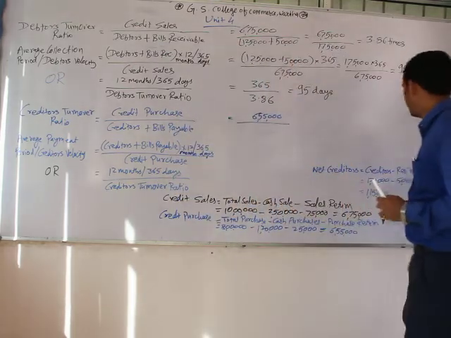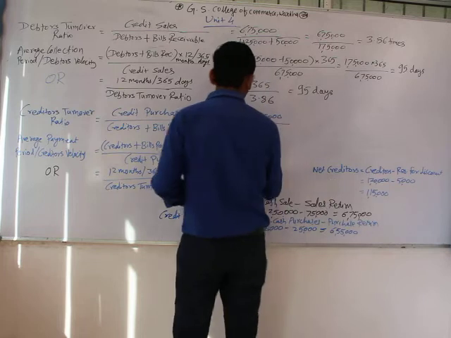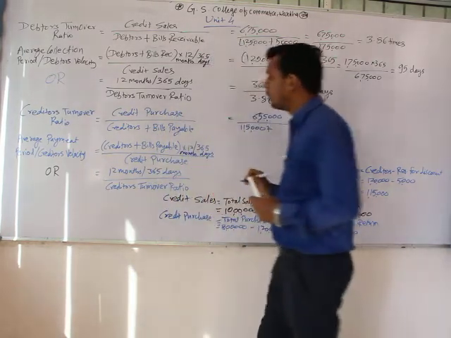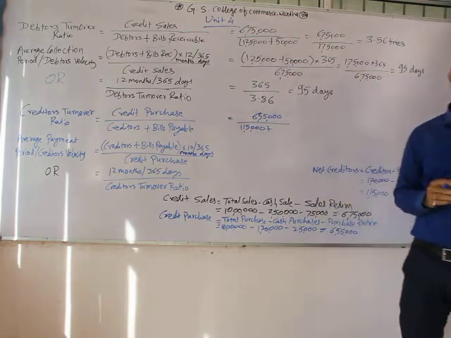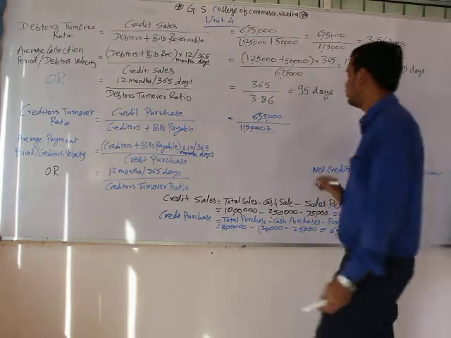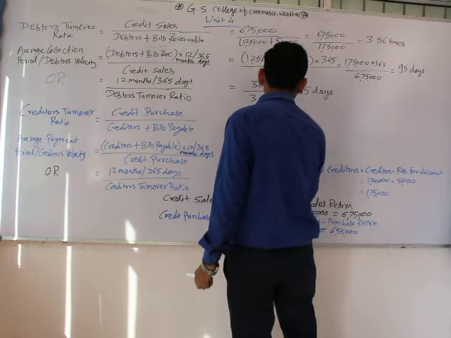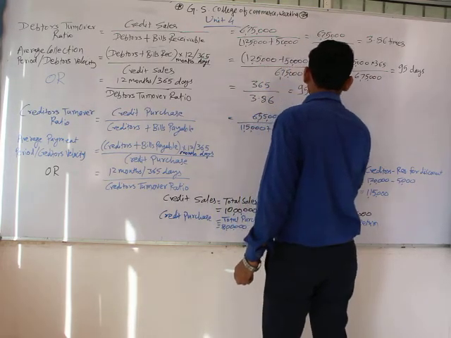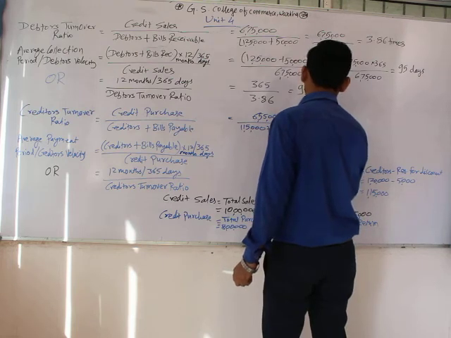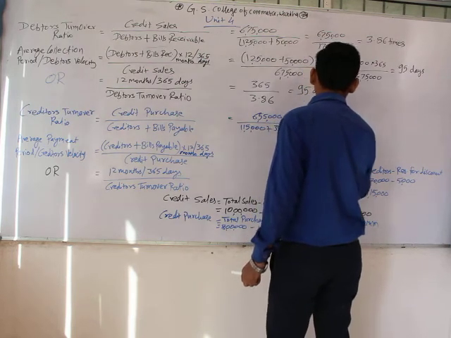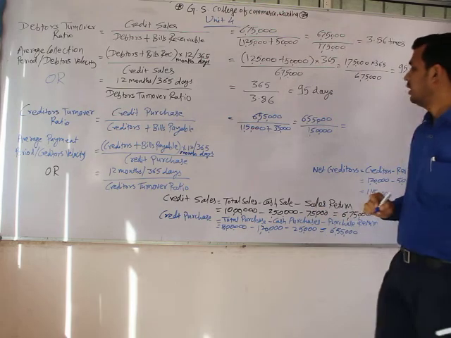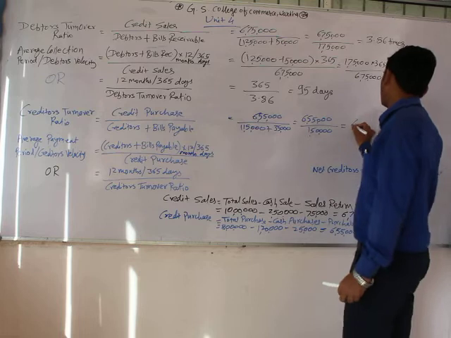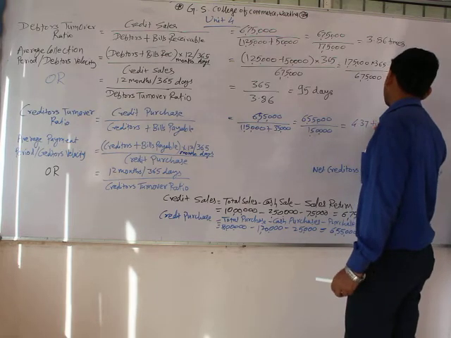We have calculated net creditors as rupees 1,15,000 plus bills payable, which is given in the question as rupees 35,000. That is 6,55,000 divided by 1,50,000, which is equal to 4.37 times.